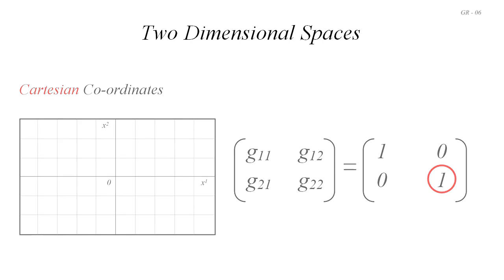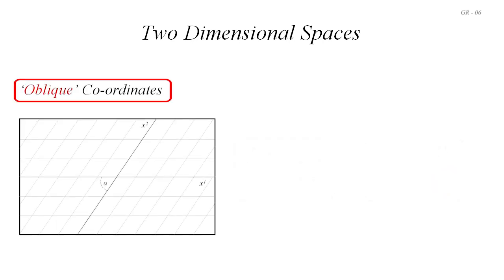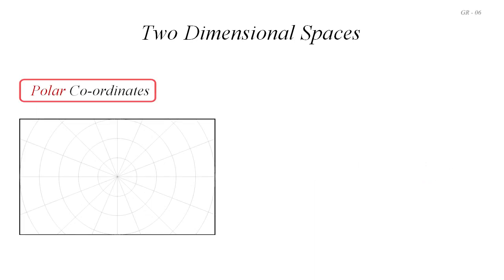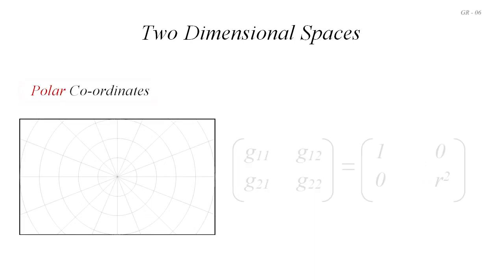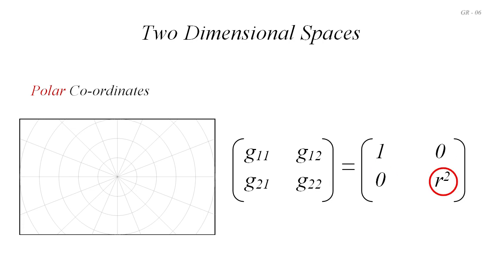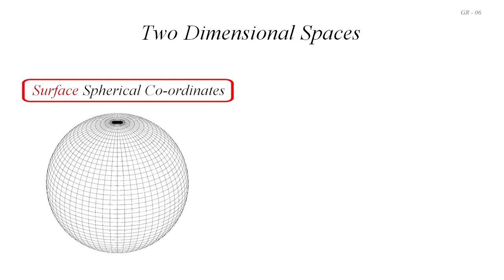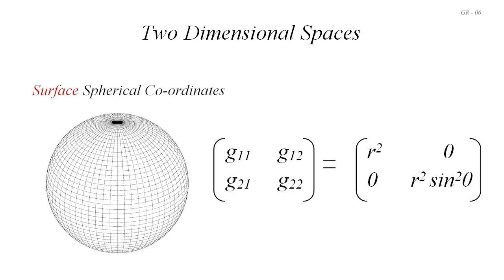Secondly, oblique coordinates with angle alpha in a flat two-dimensional space gives us a metric tensor of 1 cos alpha, cos alpha 1. Thirdly, polar coordinates measuring a flat two-dimensional space gives us 1, 0, 0 r squared. And finally, surface spherical coordinates in a curved two-dimensional space, the surface of the sphere, with coordinates theta and phi, gives us a metric tensor of r squared 0, 0 r squared sine squared theta.